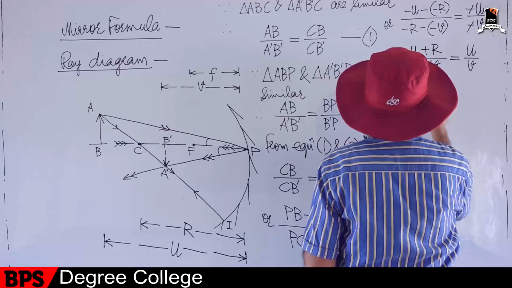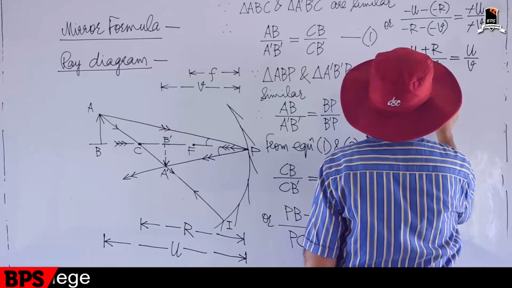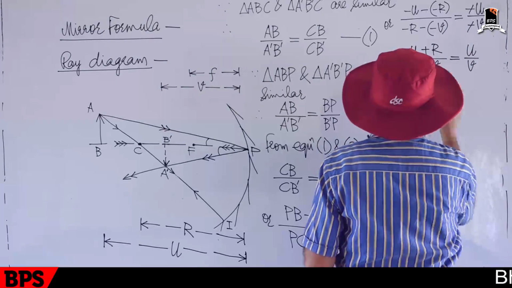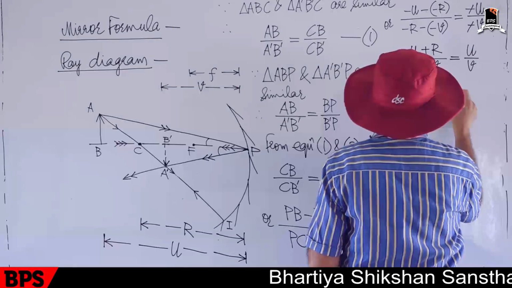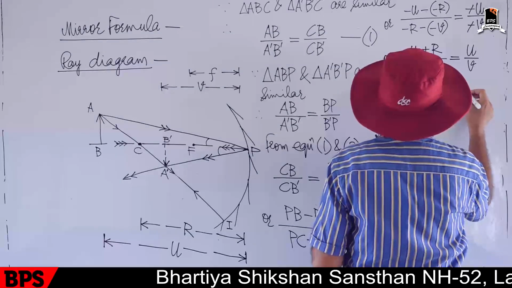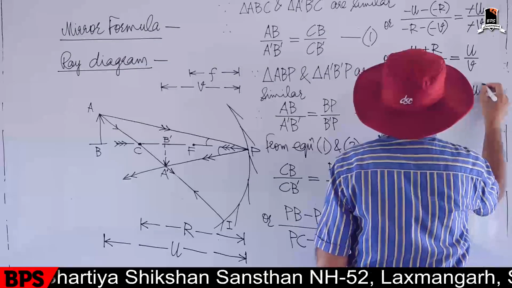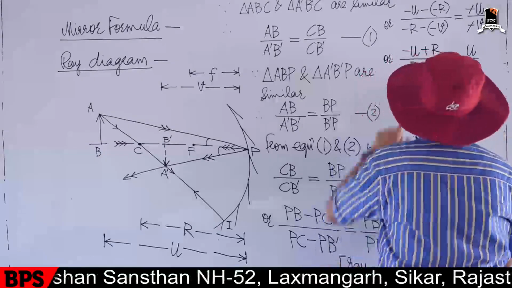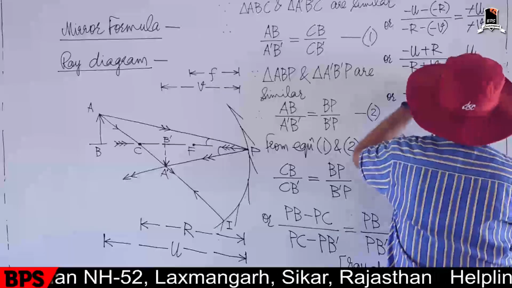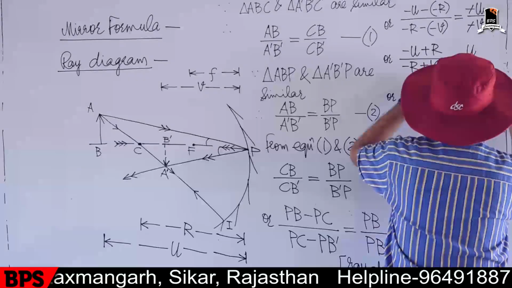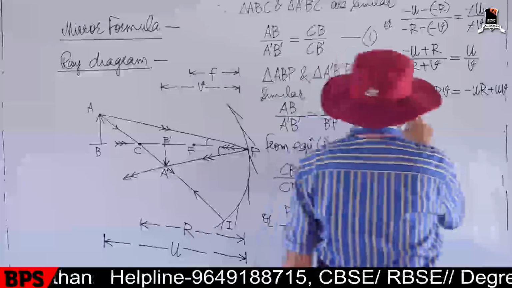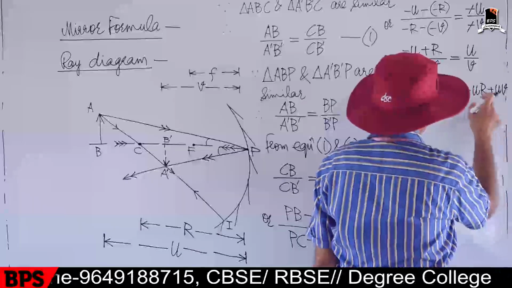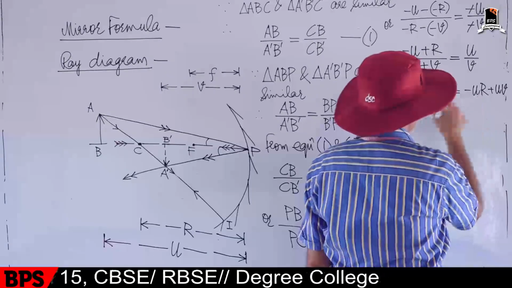minus UV plus RV equal to minus UR minus UR plus UV plus UV. Transfer this UV on the right hand side, transfer this UR on the left hand side.